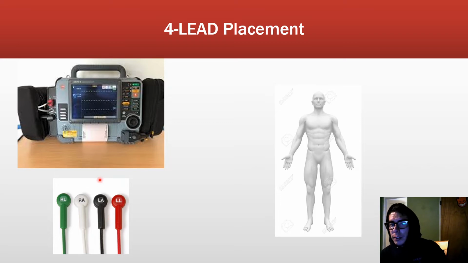So that means left arm, right? And then below your left arm is your left leg, which is this one, the red one. So smoke over fire. And then green for ground, because that's all that the green one is. It's not an actual measuring thing, it's just a ground. So in theory, you could put that anywhere. You could slap it right on the center of their forehead and that would work just fine.